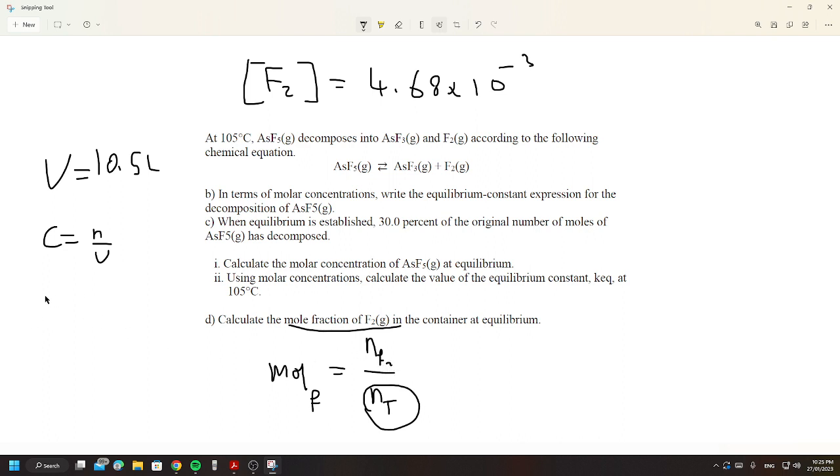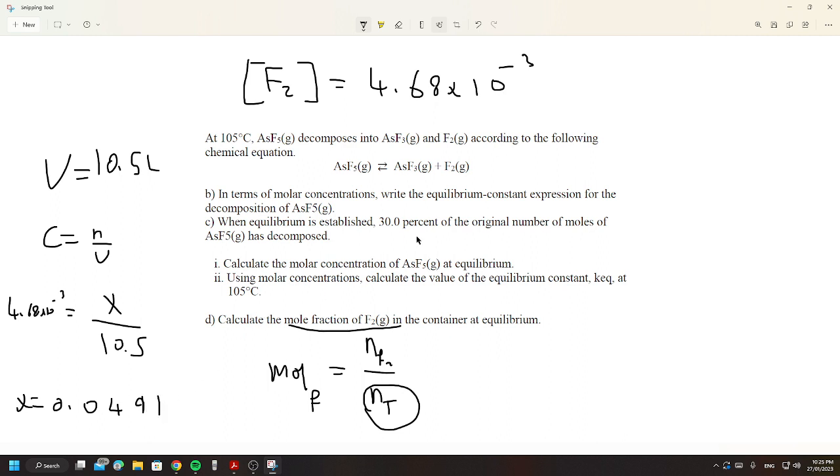So the concentration of F2 is equal to the number of moles, which we don't know, over the volume, which is 10.5, and we know the concentration of F2, so it's 4.68 times 10 power negative 3. Solve for x, and to three significant figures you get 0.0491.